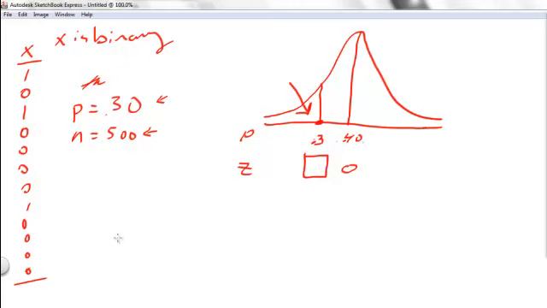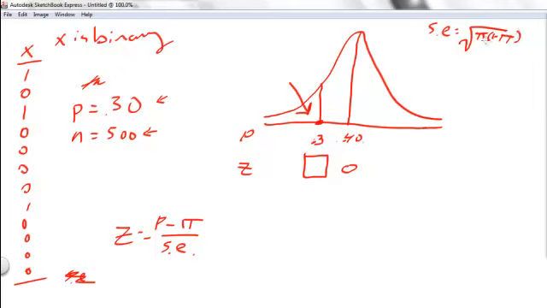So what's the z here? Well, we're going to use our little formula over the standard error. And we know, oh, the standard error, I should be figuring that out somewhere else. Okay, so let's not do it there. Let's do it up here. Standard error is the square root of pi times 1 minus pi over n, which equals the square root of, what's pi? 0.4.